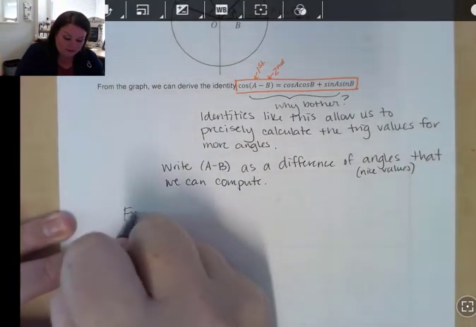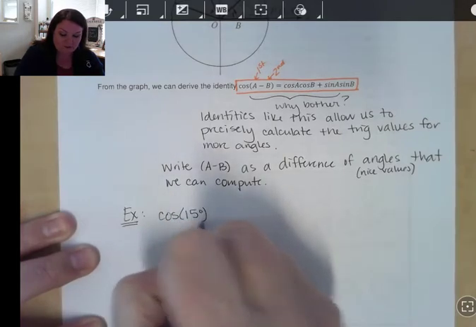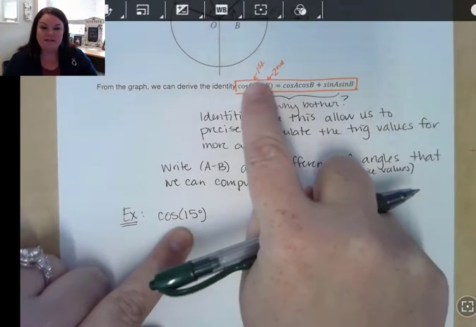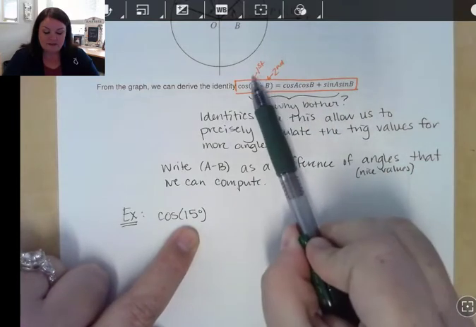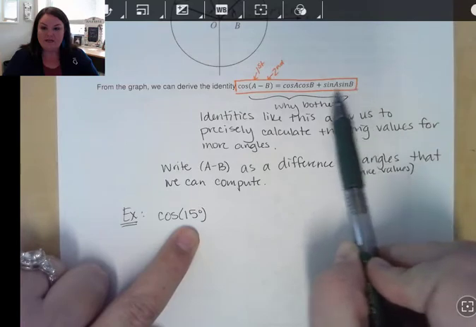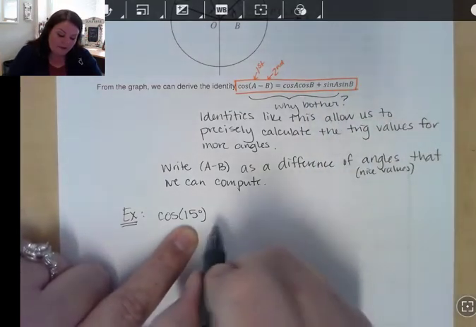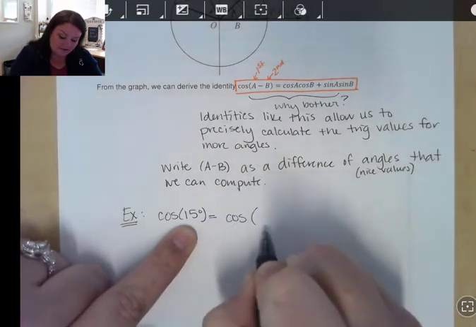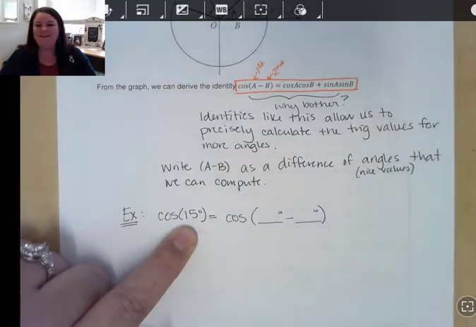Let me show you what I'm talking about. If I want to find cosine of 15 degrees, what this formula says is if I can write the value inside my parentheses, in this case 15 degrees, as two nice pretty angles being subtracted, then I can calculate it using the sine and cosine values of those angles.